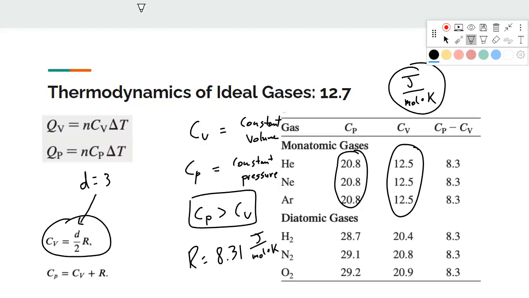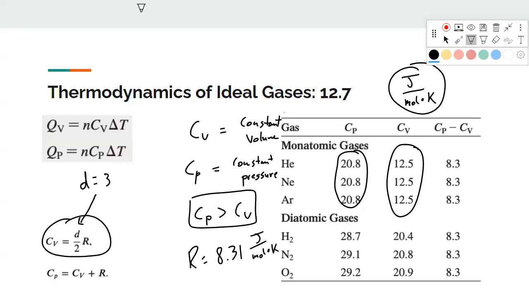But for a diatomic gas, if it rotates along its length, we still can't tell. But if it rotates this way or this way, then we do notice. And so basically it has 2 extra degrees of freedom. So it can move X, Y, Z, and it can rotate either in this direction or in this direction.